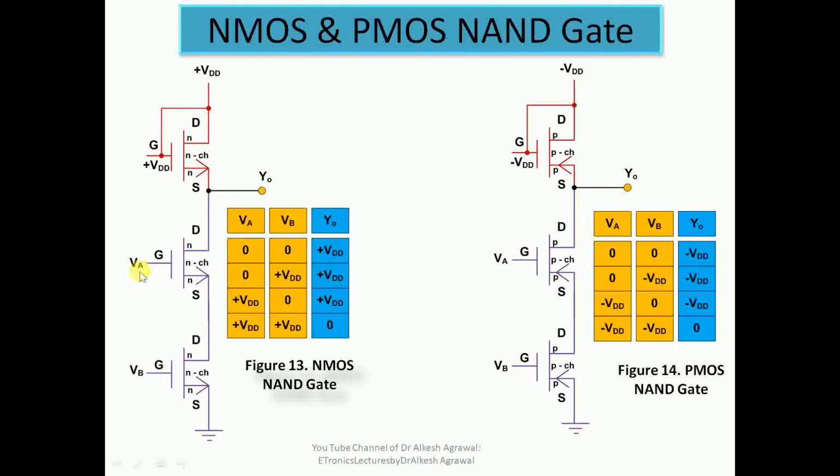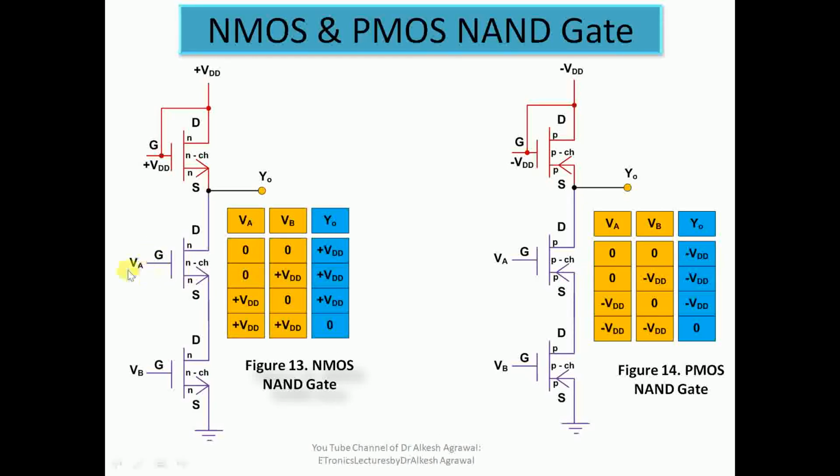So if any one of the inputs is at low logic, this whole cascaded configuration will be cut off from the output. That shows the second and third rows. If V is low or VB is low, in both cases both transistors will be cut off from the output, and the output is pulled up by the supply through this load. So we get high logic output, plus VDD.